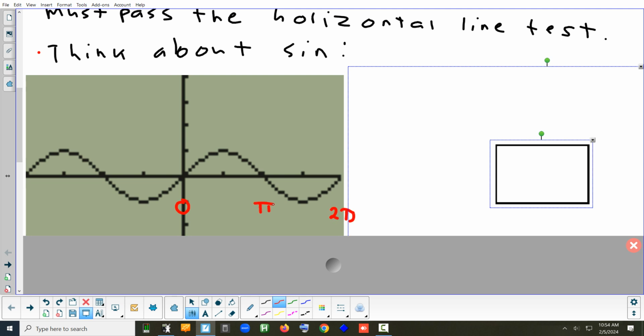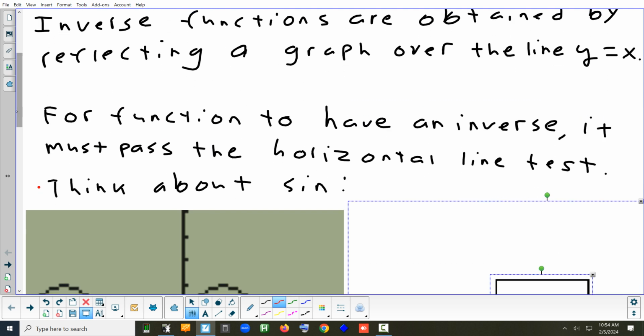And what's the quarter mark in the cycle? Pi over 2. And 3/4? 3 pi over 2. So what we're going to try to do is find a window that does pass the horizontal line test. And if we can do that, the inverse will be a function.